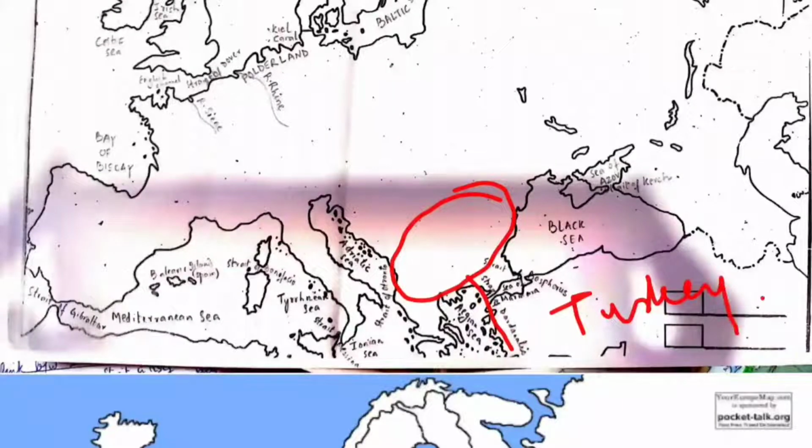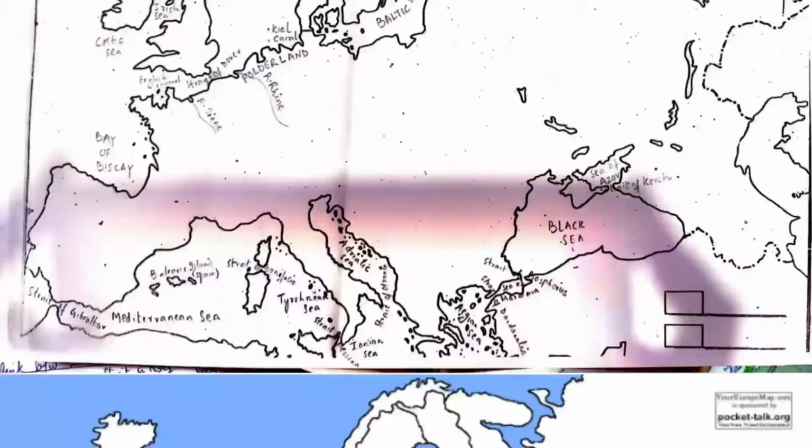This is our Turkey and this is our Balkan states. So these Balkan states are separated from Turkey by the Strait of Dardanelles, and it is also joining two water bodies, the Aegean Sea to the Sea of Marmara.